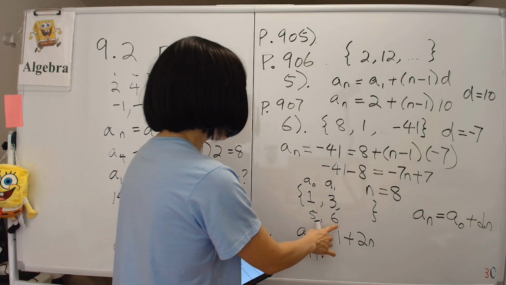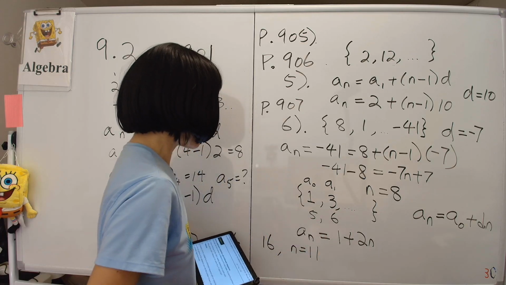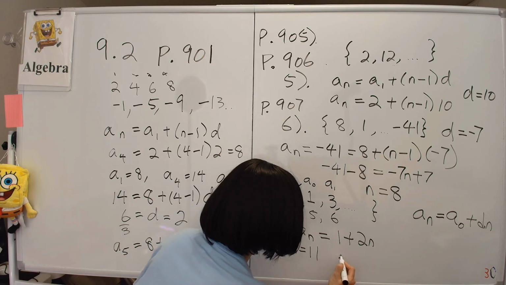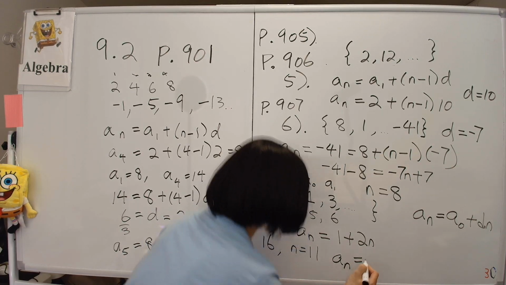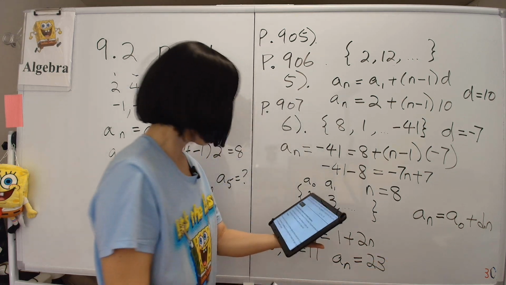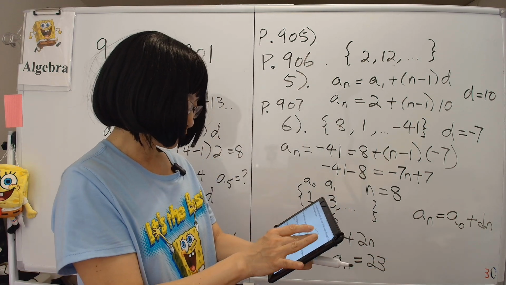The same way, when he's 6 years old, it's been 1 year since he started getting allowance. So if n is 11, you plug in the 11 here, then an is 2 times 11 plus 1. That would be 22 plus 1, which is $23 per week, I guess. So that would be the child's allowance.